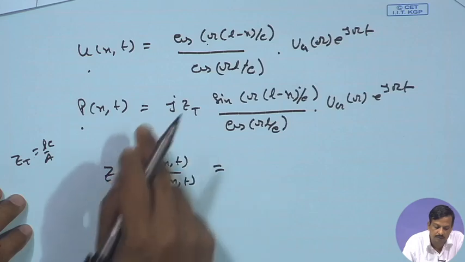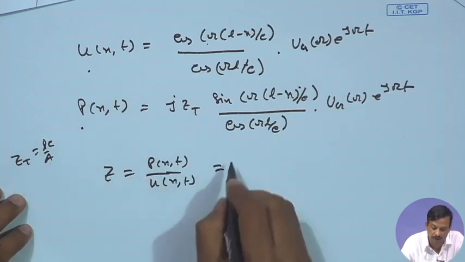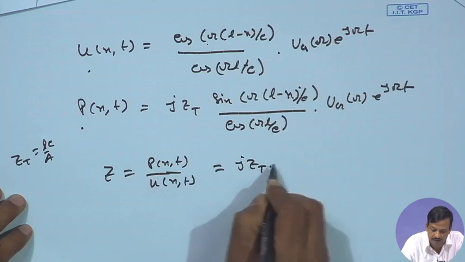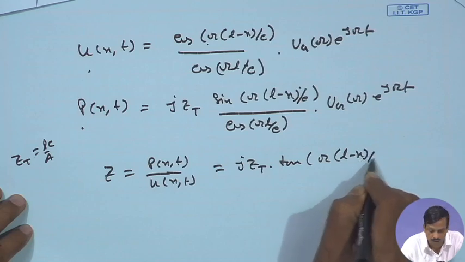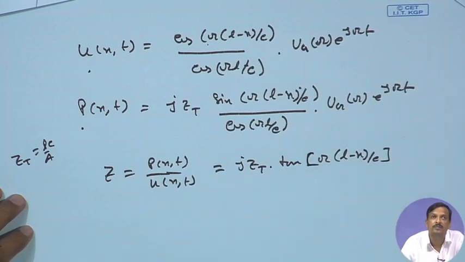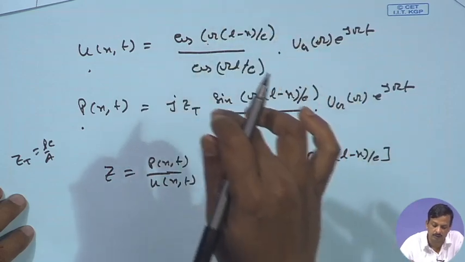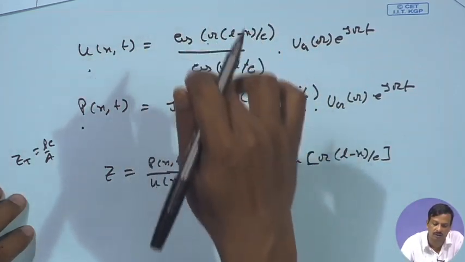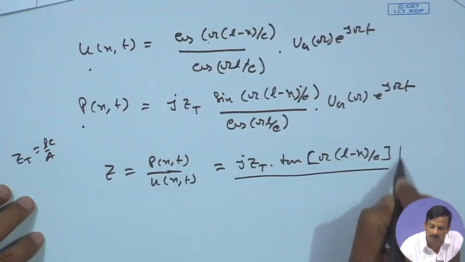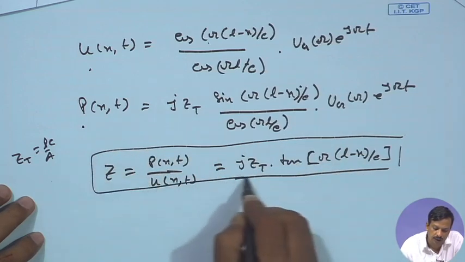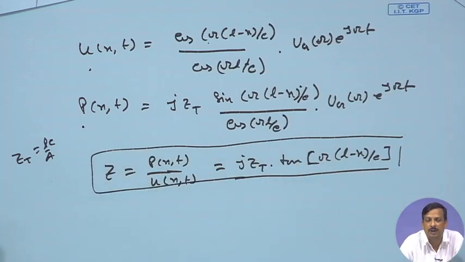If I do that, it will come as j Z_0 into tan omega (L minus x)/c, that is, sin divided by cos, so tan. So this is nothing but the acoustic impedance inside the tube at any point x. If x is equal to something, I can find out the acoustic impedance.